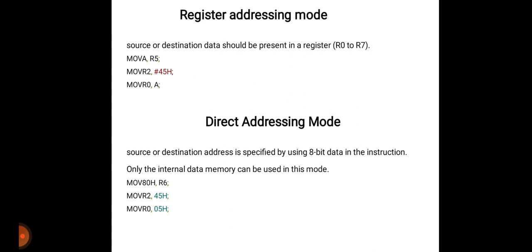Then the address will be 10H plus 05H equals 15H. So the instruction will look like MOV 15H, R7. Here 10H is the starting address of register bank 2. In this way the register addressing mode works.